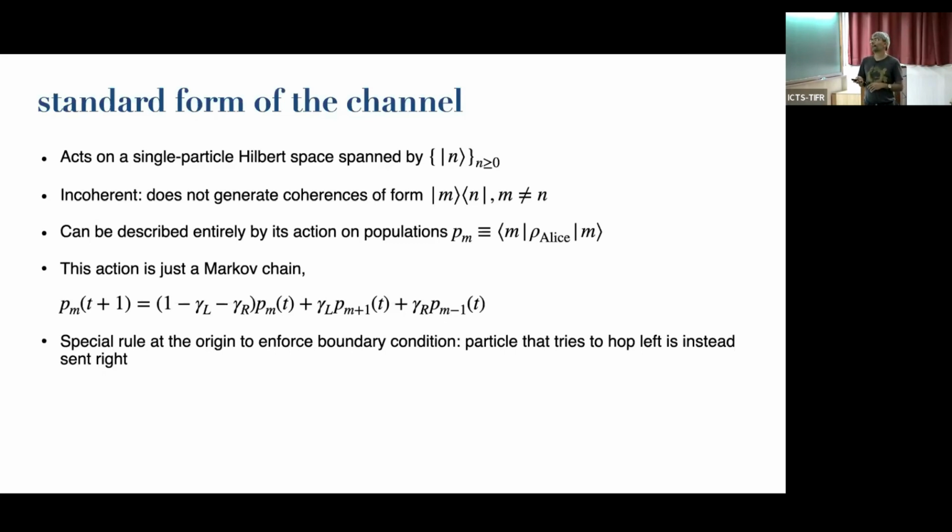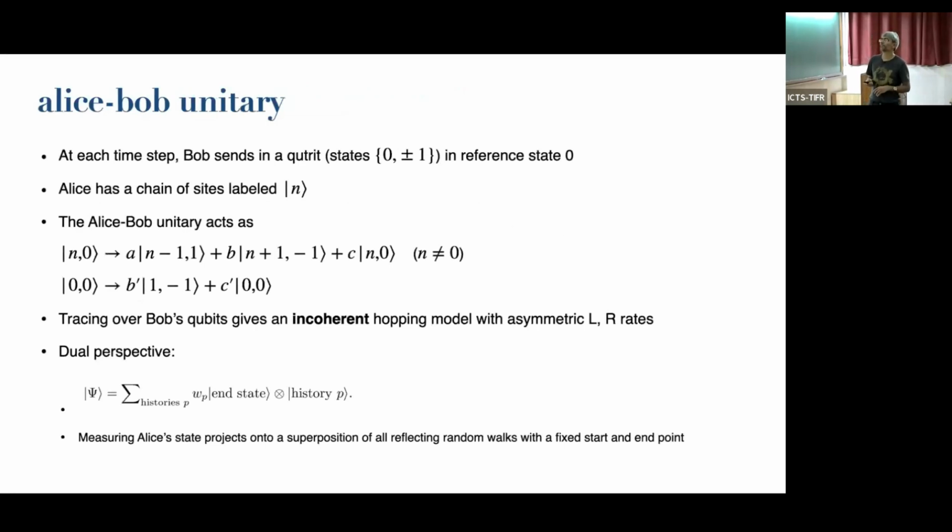Okay, and now I can take this thing that I've promoted into a quantum channel, and I can perform a dilation of the quantum channel in terms of not qubits, but qutrits on Bob's side.